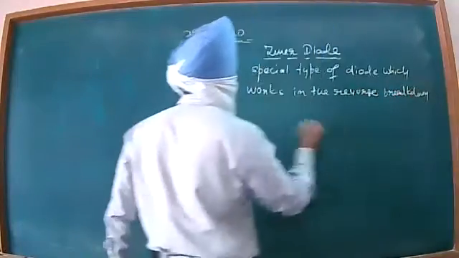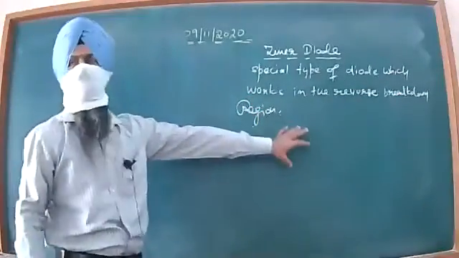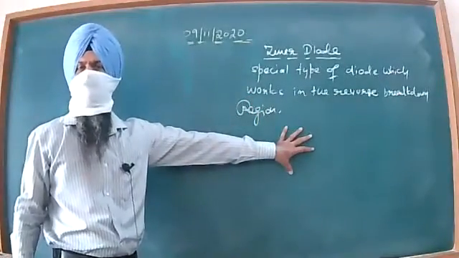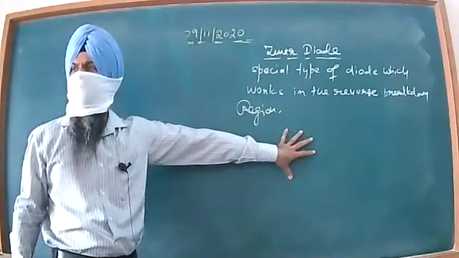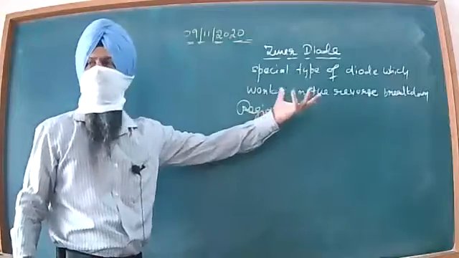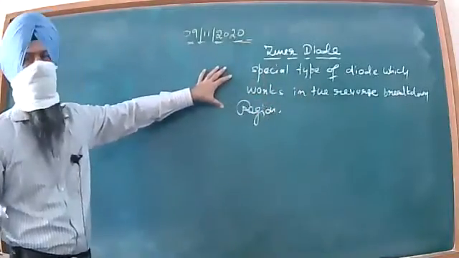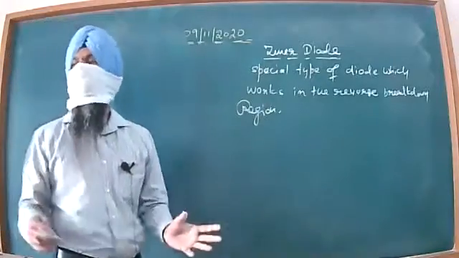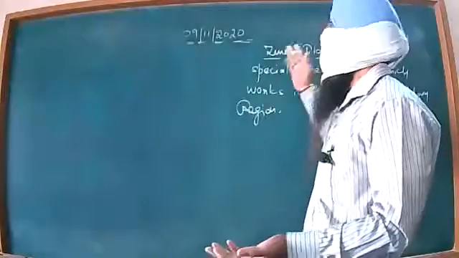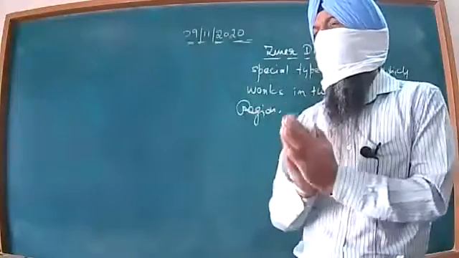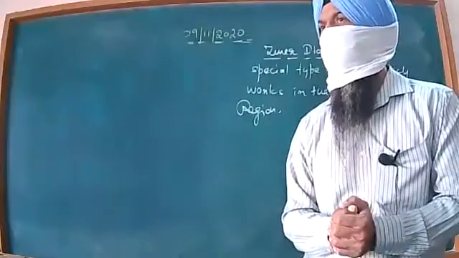Reverse breakdown region. By the reverse breakdown region, we mean that as you have discussed your simple PN junction diode in the reverse biased manner, it is that reverse bias in which this Zener diode, the special purpose diode, will be working. Provided over here one more difference is there, that in this type of diode that we call Zener diode, our doping levels are kept high in comparison to the ordinary PN junction diode.